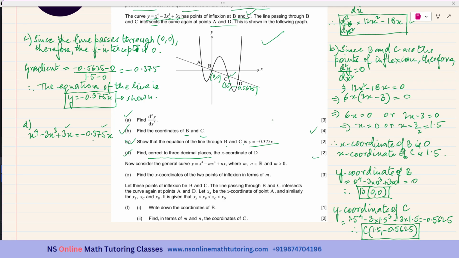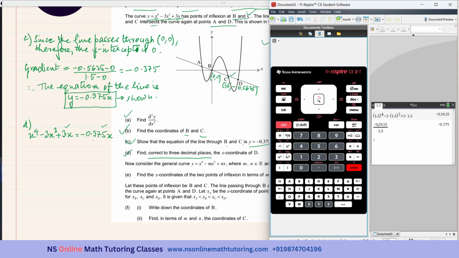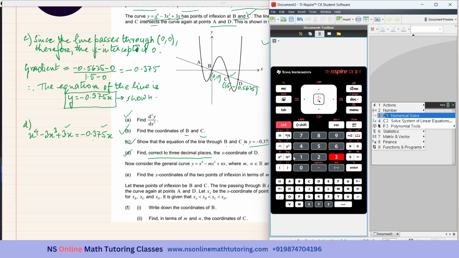These are two graphical solutions, but this time I want to solve this algebraically. I'll be using the TI-Nspire CX II calculator, and I'll be using the nsolve command. So menu, then algebra, then 3, then number 1, numerical solve, nsolve.